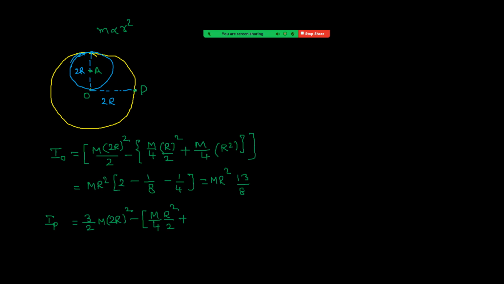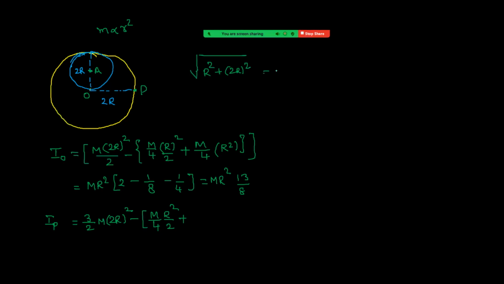Now we have to find out about P. About P means now what happens? Distance, see A to O. Distance equal to R, right? See carefully. A to O, distance equal to R, and O to P is 2R. So A to P, distance how much? It is R square plus square of 2R, under root.